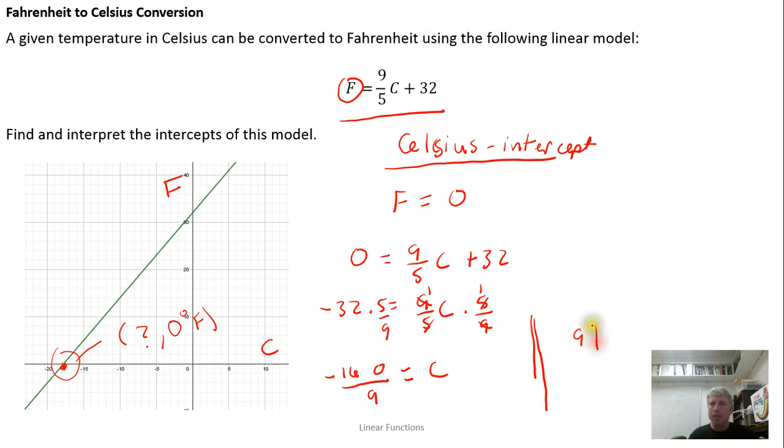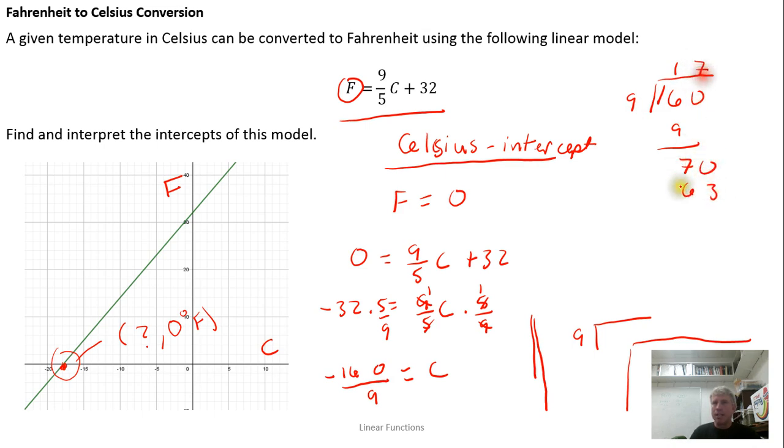So we could say, I'm going to put 9 into 160. Oh, I better do that up high. If I get down in this corner, I get in trouble. So I could take the 160, divide it by 9. 9 will go into 16 once. That's going to leave us a 70, so we'll get 9 times 7 is 63 with 7 left over.